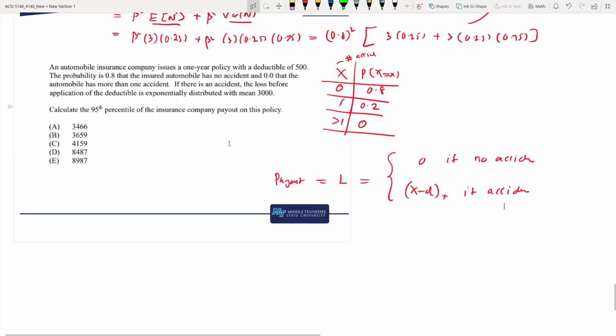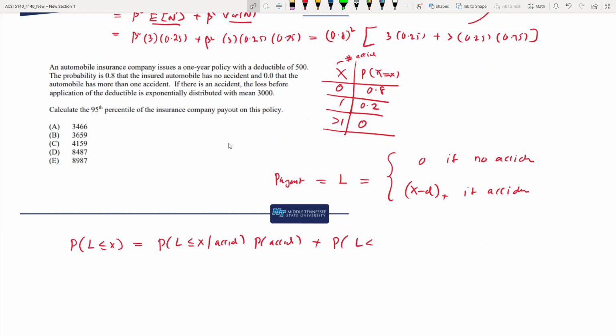So let's calculate the CDF, probability L less than or equal to some little x. That's going to be probability L less than or equal to x given accident, times probability of accident, plus probability L less than or equal to x given no accident, times probability of no accident. We need this to be the 95th percentile, so 0.95.